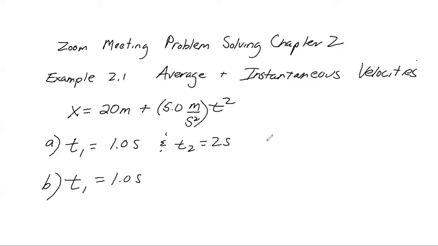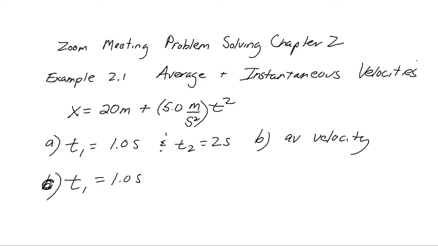Oh, wait a minute, I'm sorry. So A was find the cheetah's displacement between 1 second and 2 seconds, and B was find the average velocity. Now C, I'm sorry, this is C.